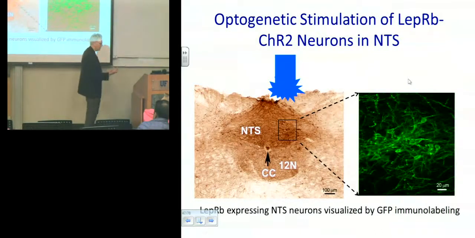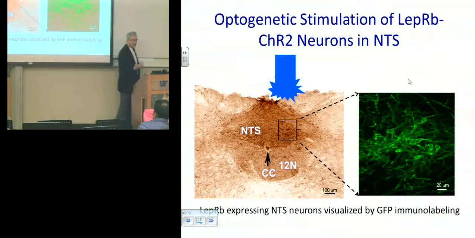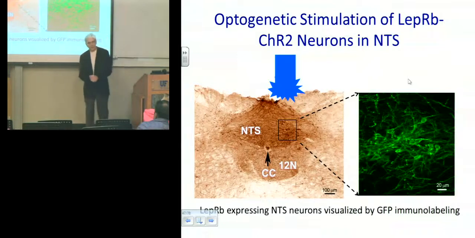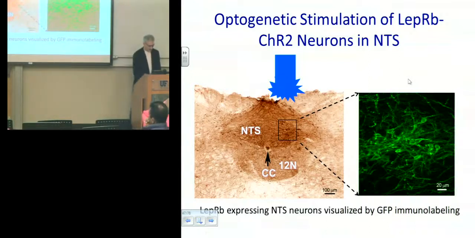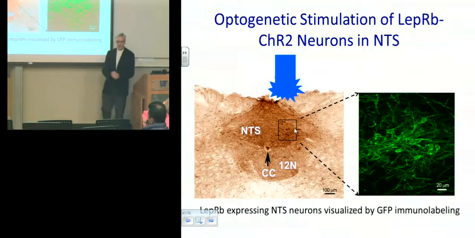So we use a leptin-free mouse that expresses channelrhodopsin now, flox channelrhodopsin, in the leptin receptor neurons. And one of those populations is in the NTS, and this is just immunostaining for GFP.